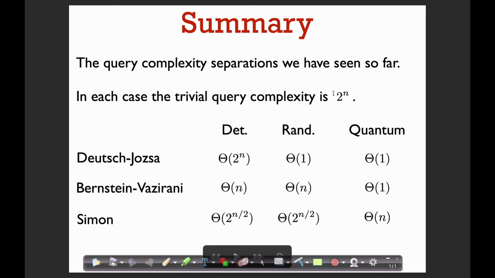But in terms of the trivial complexity, which is 2 to the n, we usually consider this a small separation, because this is like the logarithm of the trivial complexity, and this is constant. And now with Simon's algorithm, we get a more satisfying separation between the randomized query complexity and the quantum query complexity. We get something like n versus 2 to the n over 2.